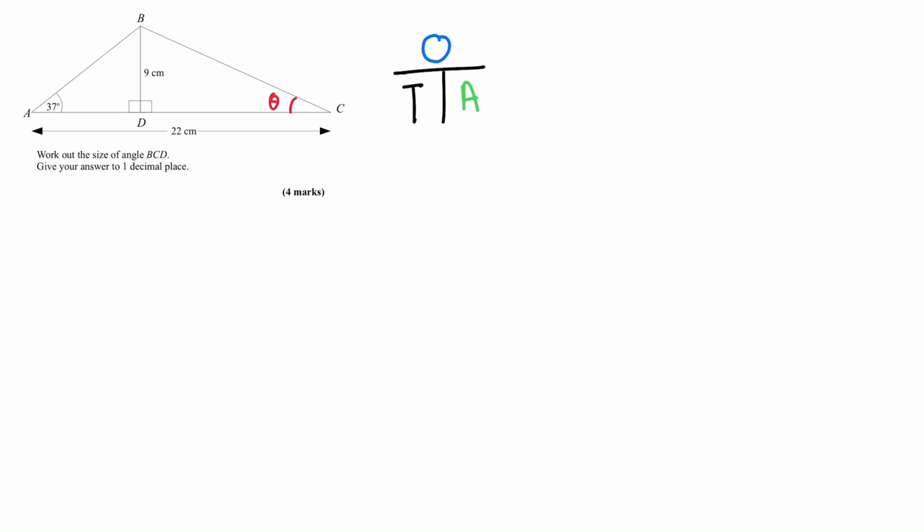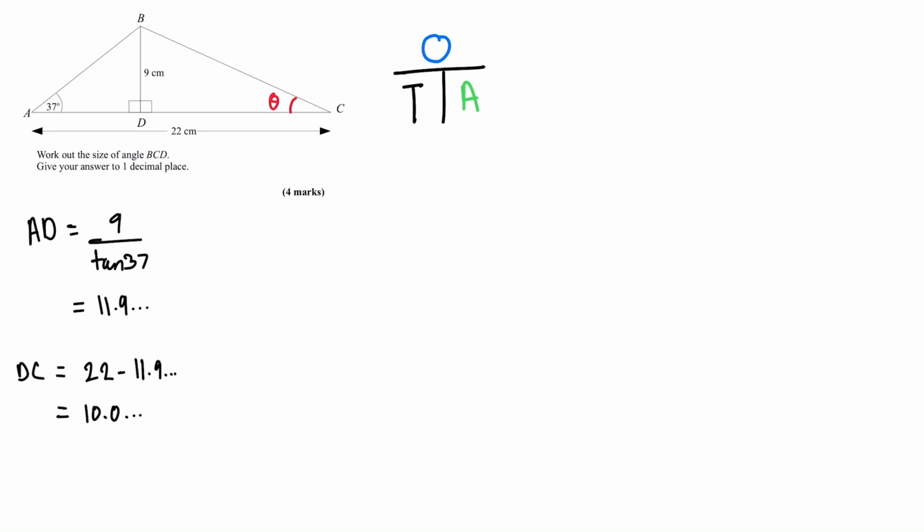And we're trying to find out the length AD here, so we can subtract that from 22. So the length AD is equal to 9 over tan 37. That gives us 11.9 something something something. And now we just do 22 minus 11.9, and that gives us 10 point something something.